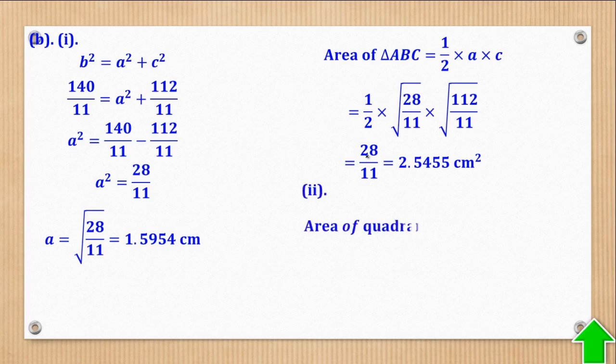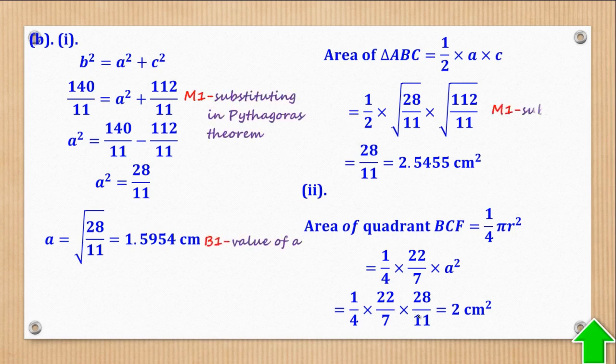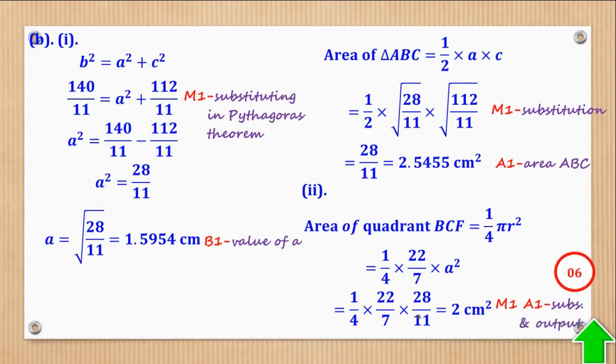Then area of quadrant BCF is still a quarter, so a quarter pi r squared. Substitute the radius, which is A, which you have got here. So A squared will be 28 over 11, and the area will be 2 centimeters. So basically that's what they wanted.